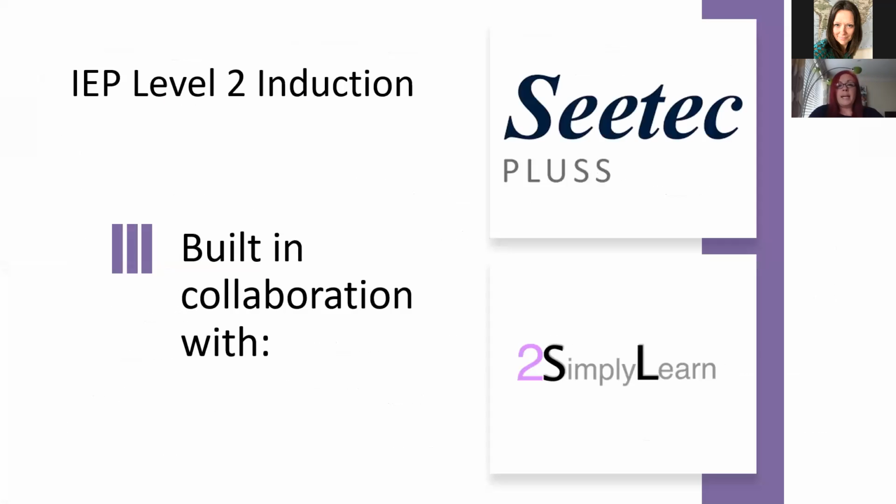So the IEP LMS, as we've said previously, was set up so that the IEP could launch the sector-specific level 2 induction. That induction consists of 20 modules plus an introduction, and was built in collaboration between ourselves at 2SimplyLearn and our partnership colleagues at CTEC Plus.